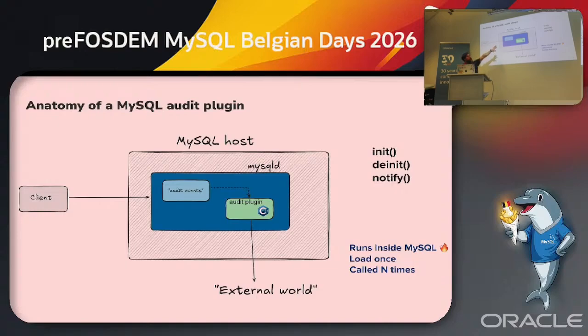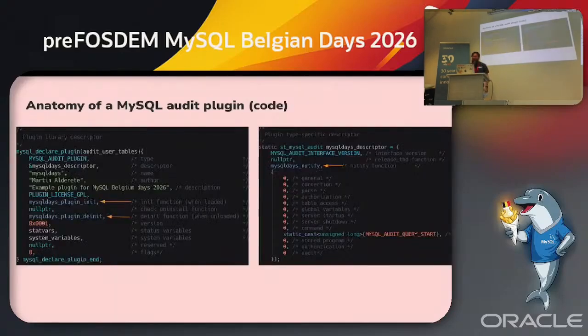That's the mental model. You can think about three main functionalities of the plugin: init for initializing, deinit to go away, and notify to react. For those who want to know a little bit about how C++ looks, basic plugins are defined this way. Here you have some macros to define metadata around the plugin: the name, the description, the author, the version.